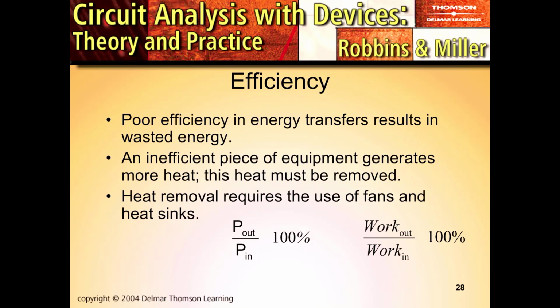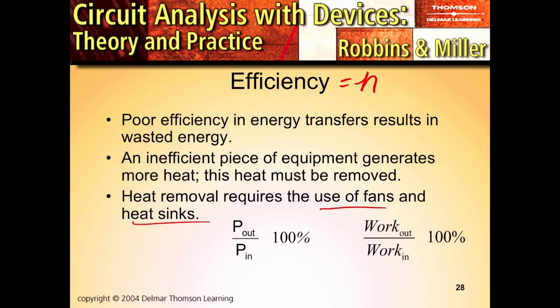So poor efficiency, because we're looking at efficiency now, and efficiency equals N. So poor efficiency in energy transfers results in wasted energy. When it comes to the heat that's being dissipated by that wasted energy, or the heat from the P losses, it says we can use fans and heat sinks to get rid of that.